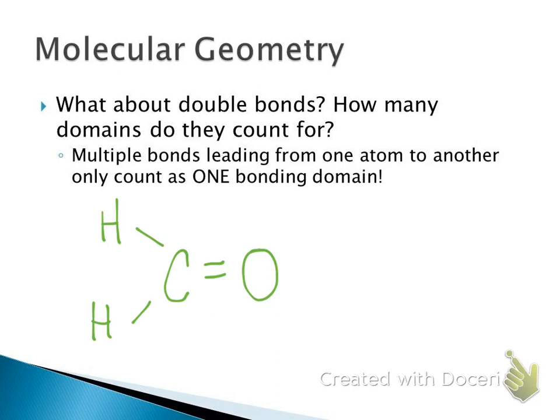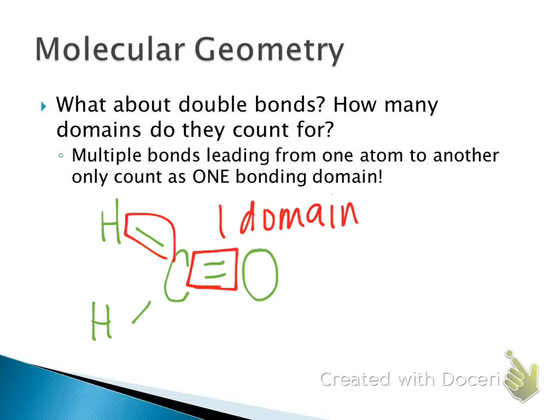This domain with a double bond still only counts as one bonding domain. The same would be true if a triple bond was found there. So here we've got 1, 2, 3 bonding domains with no lone pairs. So in this example, it would be trigonal planar. Okay. Are we on the same page with that? Yeah. Okay.